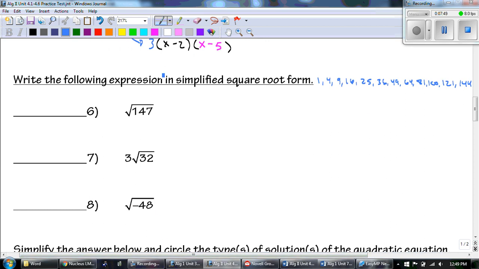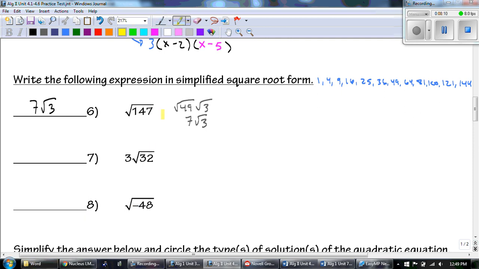Okay. When you break down 147, that breaks down to the square root of 49 and the square root of 3. Square root of 49 is 7, so we're left with 7 square root 3.